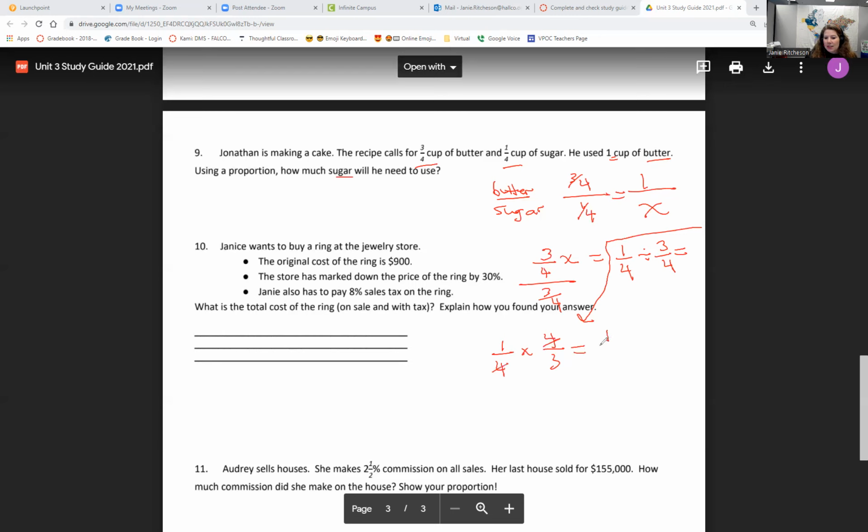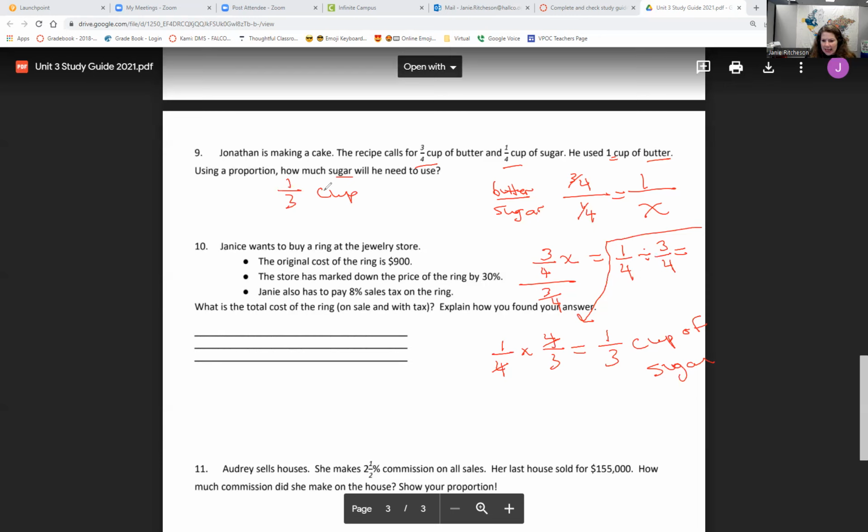So what is the answer? The answer is you used 1/3 cup of butter. No, sugar. Sugar. Alrighty. That's the answer. 1/3 cup sugar. All right, good job.